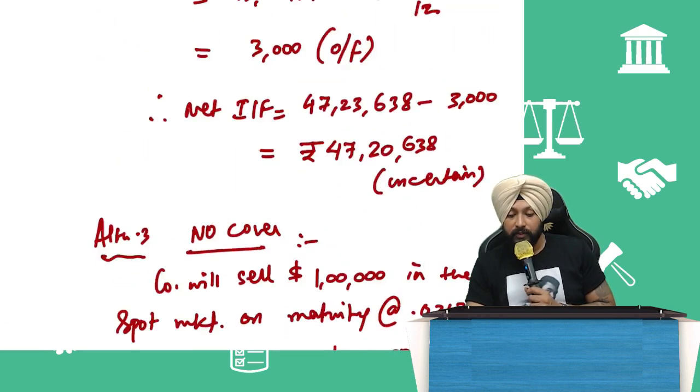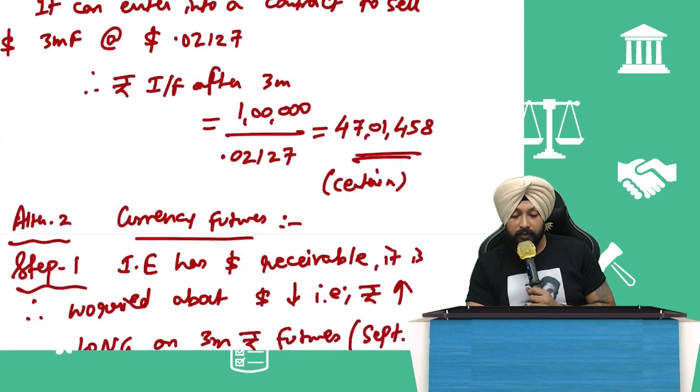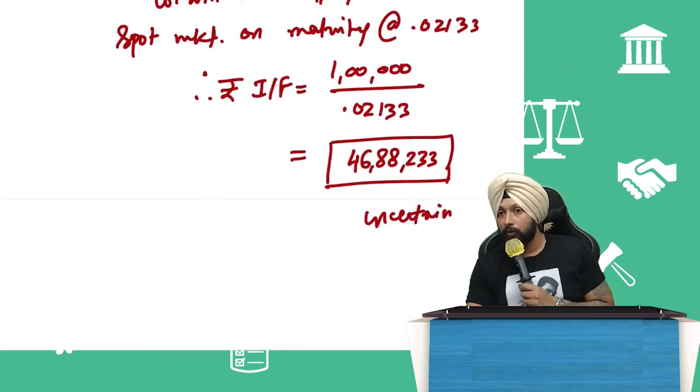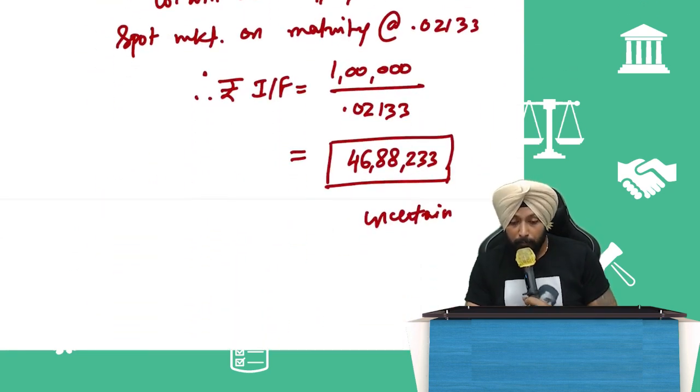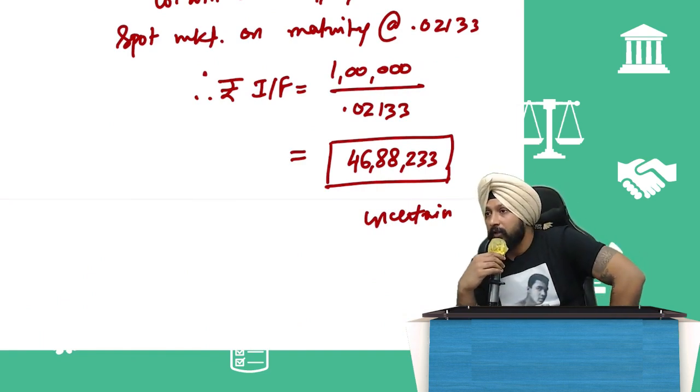So you have 47.20, you have 47.1, and you have 46.88. Where do you get the maximum? Inflow higher the better.